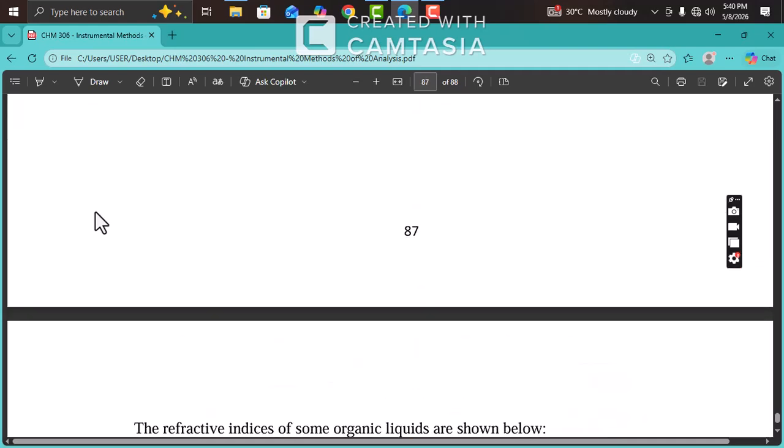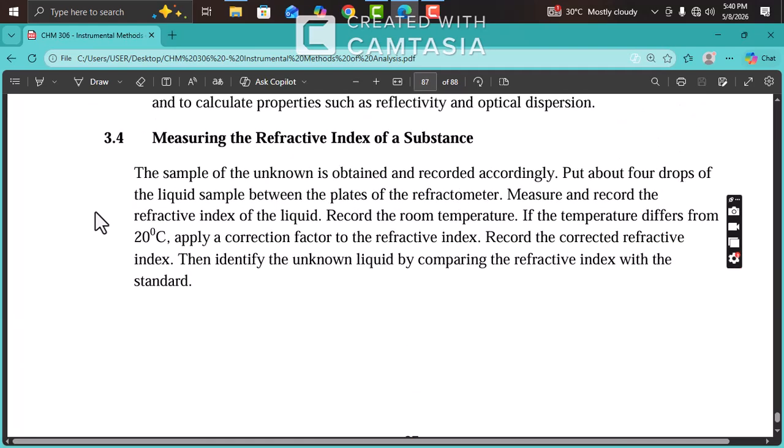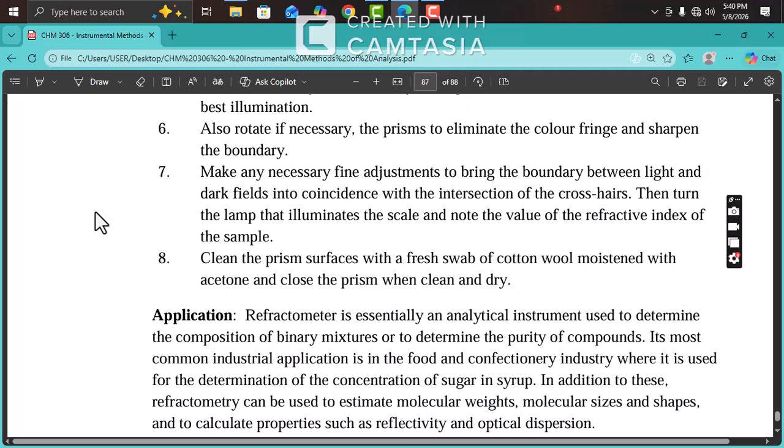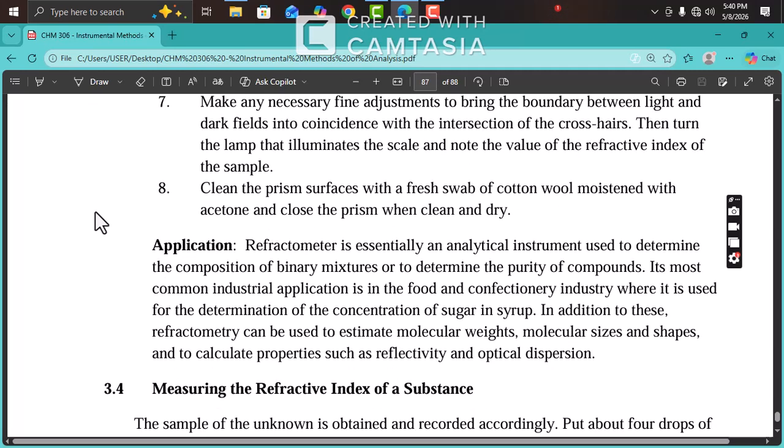But like I said, application is a big deal for refractive index. A refractometer is essentially an analytical instrument used to determine the composition of binary mixtures or to determine the purity of compounds.